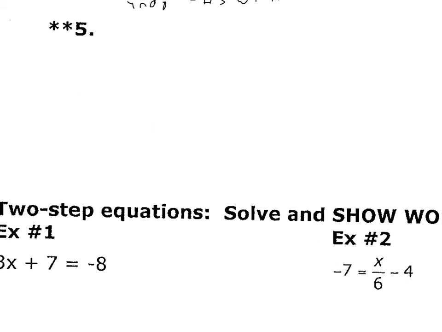Let's move on to your 5th step. Here you want to undo multiplication or division.